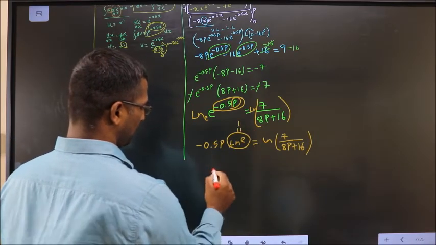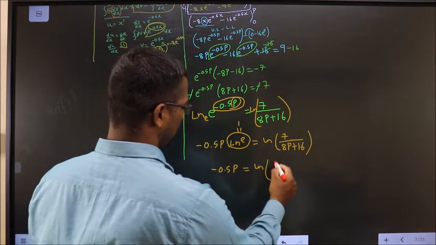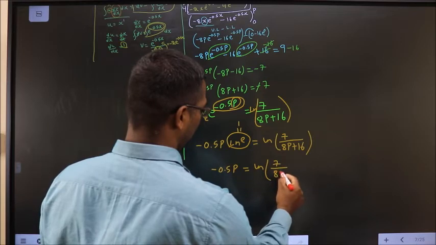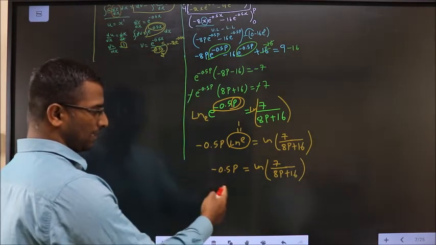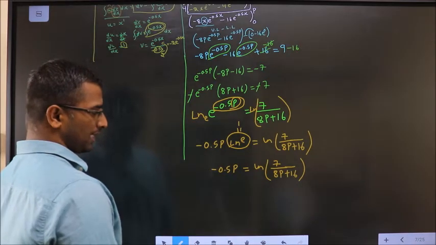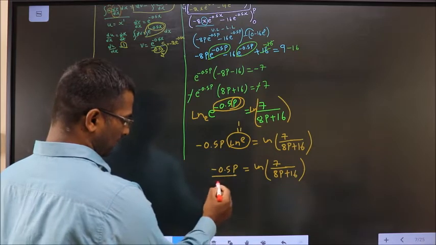So we are left with minus 0.5p is equal to ln of 7 by 8p plus 16. Now send minus 0.5 to the other side, or divide by minus 0.5.